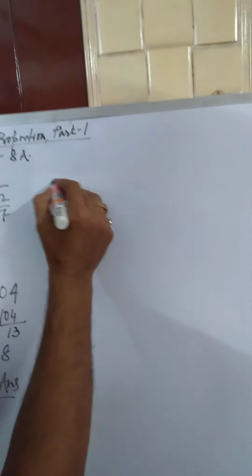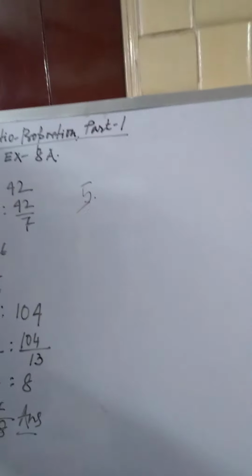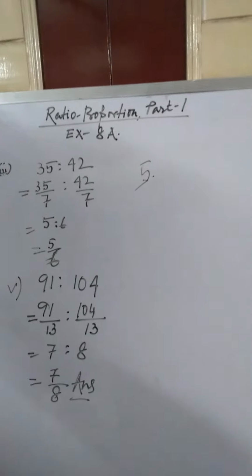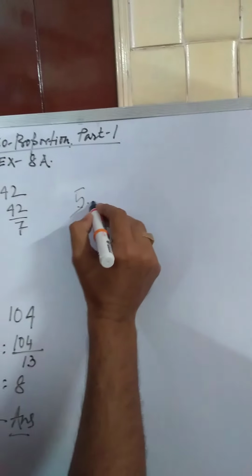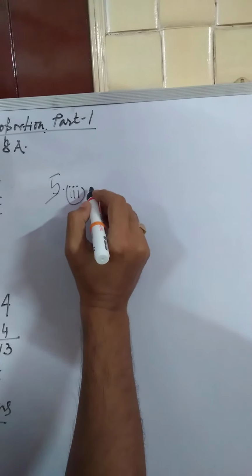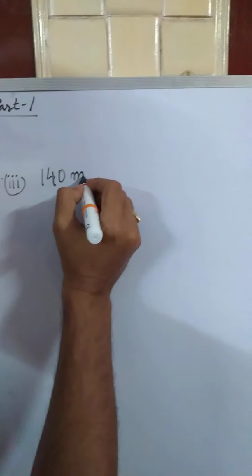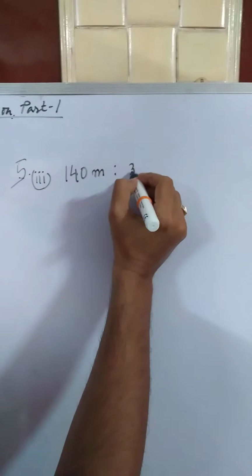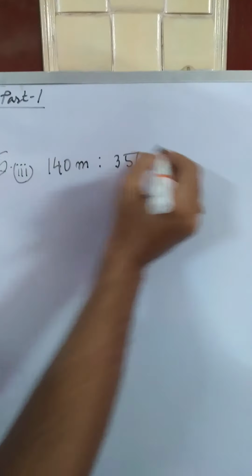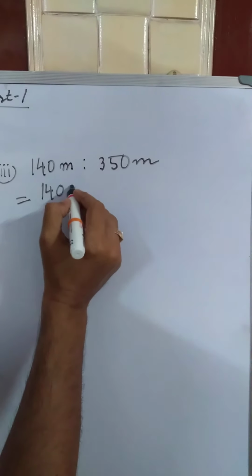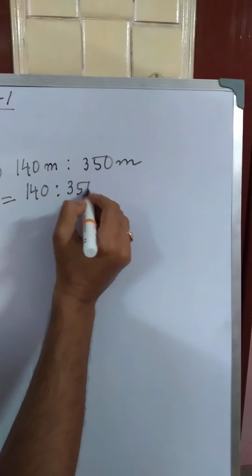Come to the question number 5. You see that it is given, express the following ratios in the simplest form. 5, Roman 3, simplest form. 140 meter is to 350 meter. Okay. So whenever you are expressing that in the form of a ratio, there should be no unit.